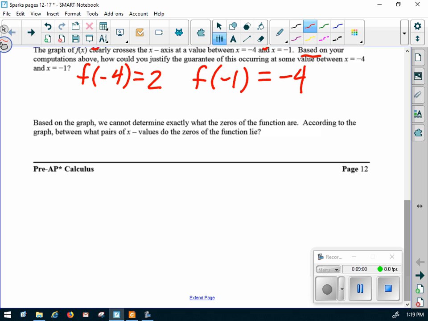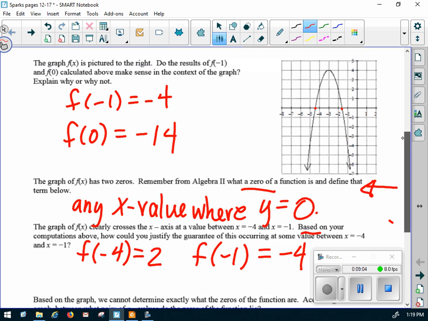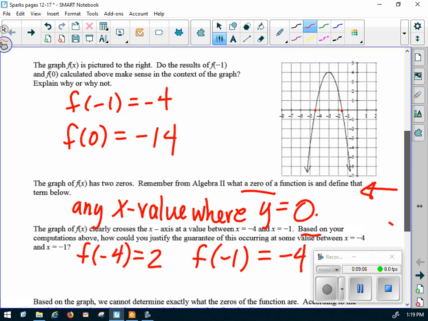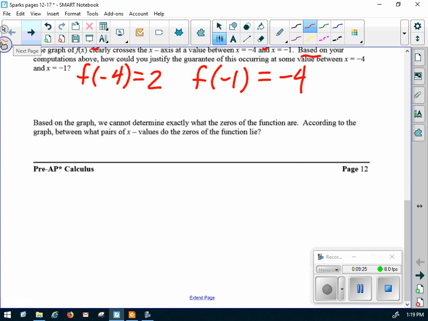Between what pairs of x values do the zeros lie? I have a 0 between -1 and -2, and I have a 0 between -4 and -5. So far, so good? I hope you're thinking I know some of it.